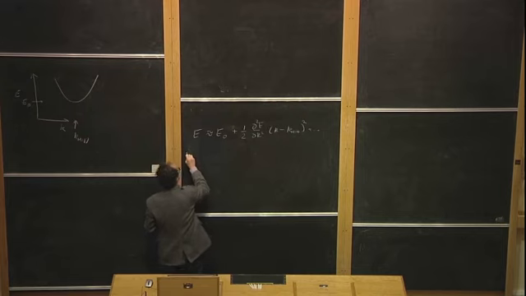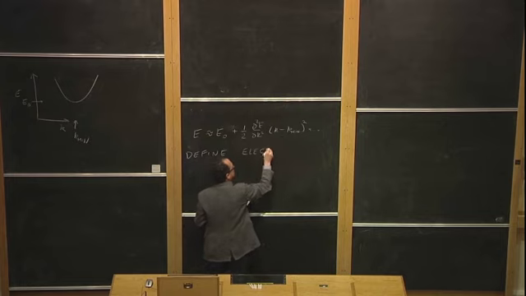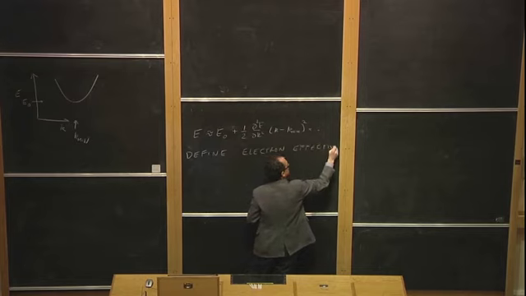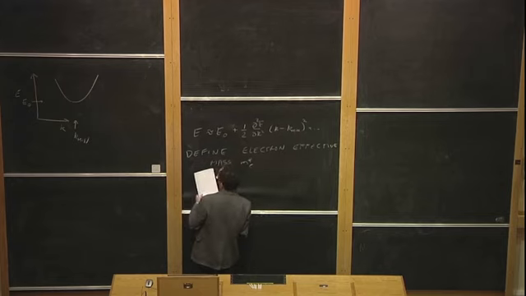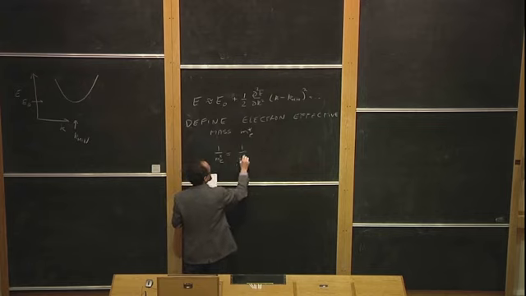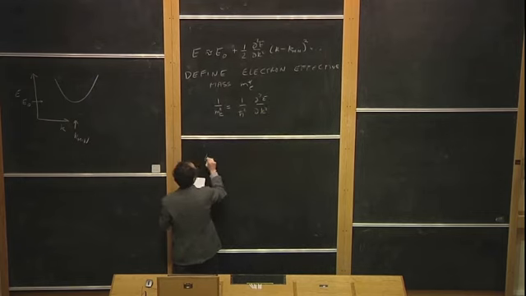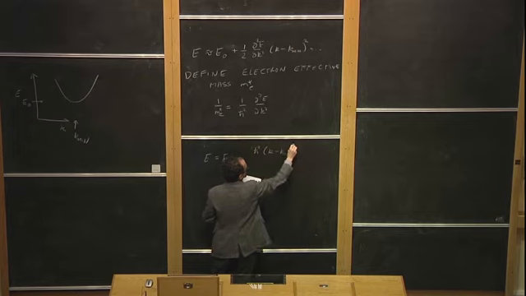Given this, we will define an electron effective mass, m star sub electron, via 1 over m star electron equals 1 over h bar squared d squared E dk squared, such that the energy is E naught plus the usual h bar squared k minus k min squared over 2 m electron star.